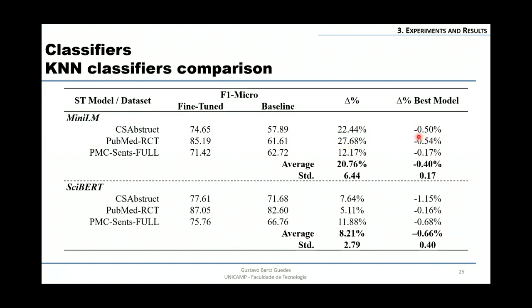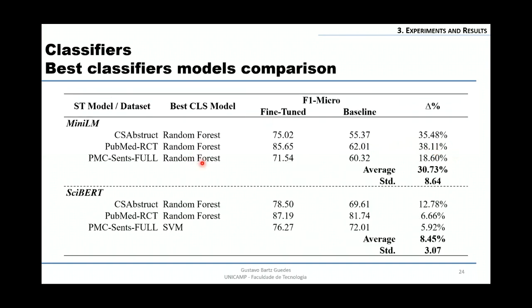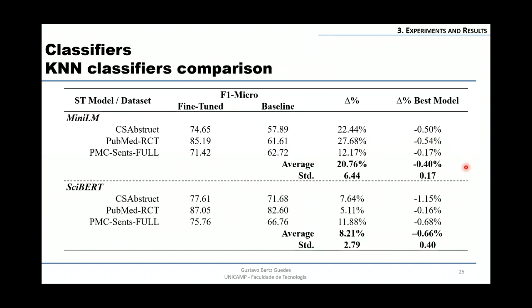On average, the KNN was only 0.40% below the performance of the best models. Although random forest had the best performance, KNN is right behind. So yes, KNN greatly benefits from the contrastive learning fine-tuning.